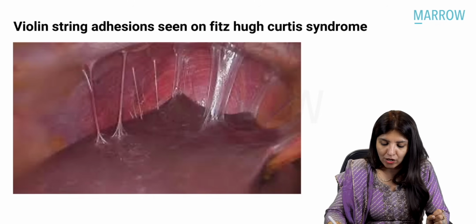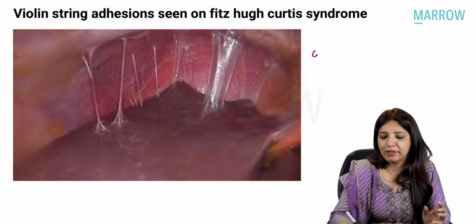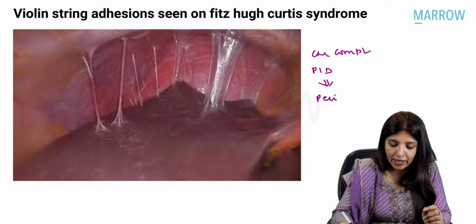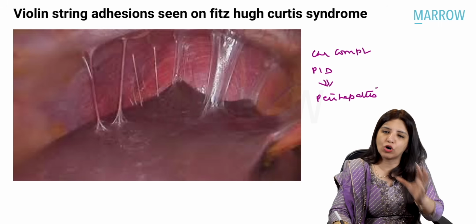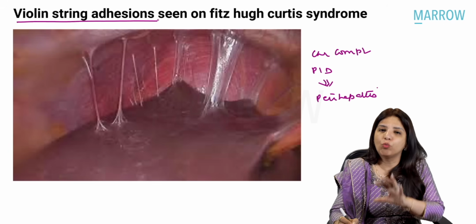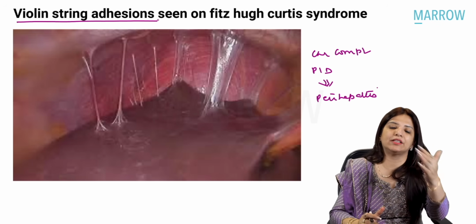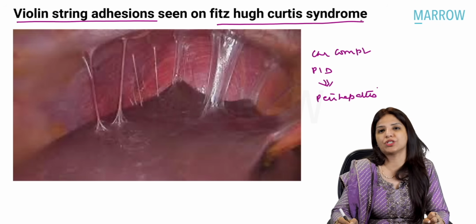Right? Then over here, what is this? Over here, what you are seeing is a chronic complication of PID. This is a long-term or chronic complication of PID where you are getting perihepatitis. Because of the perihepatitis, you are getting violin string adhesions which are seen between the liver and the anterior abdominal wall, and this is what is called Fitz-Hugh-Curtis syndrome.